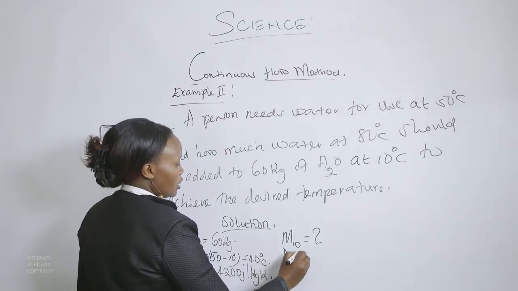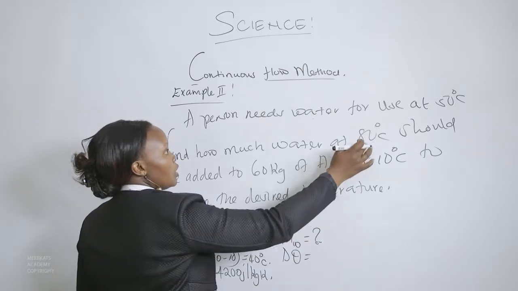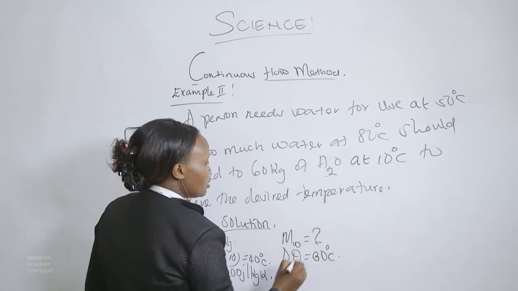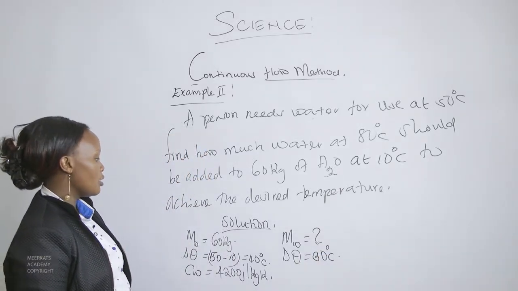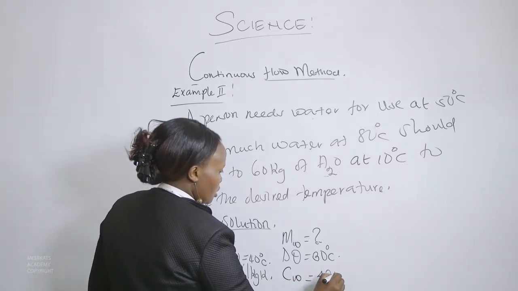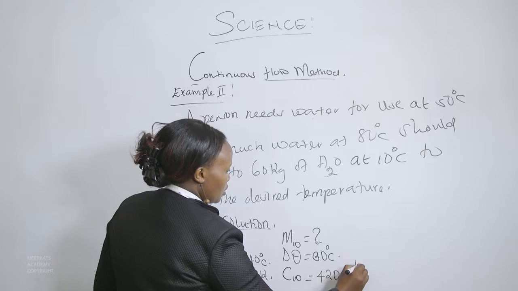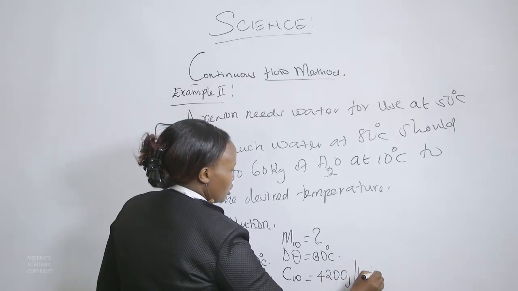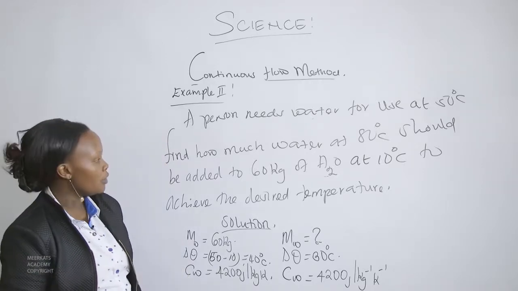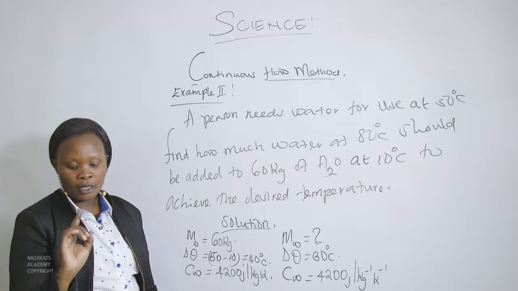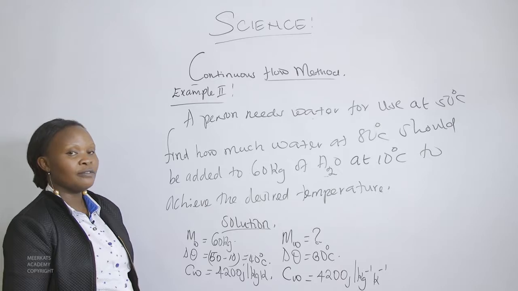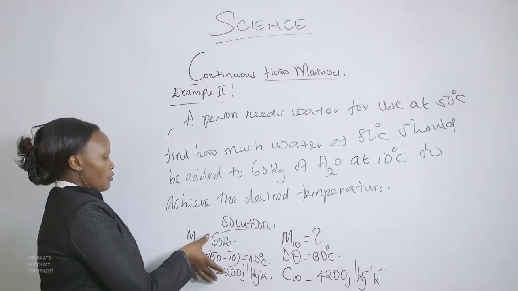So here our delta theta is going to be from 80 to 50, so 30 degrees centigrade, and then the specific heat capacity is 4200 joules per kilogram Kelvin.